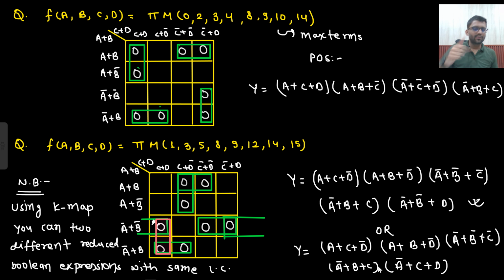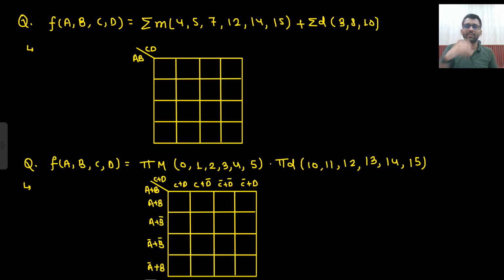So in MSQ, these kind of questions can come, that both options you need to click. Which one is the reduced expression? So both are reduced expressions only. Both options you need to click. Okay, so these kind of questions can come in MSQ. Right? Let's see more problems.